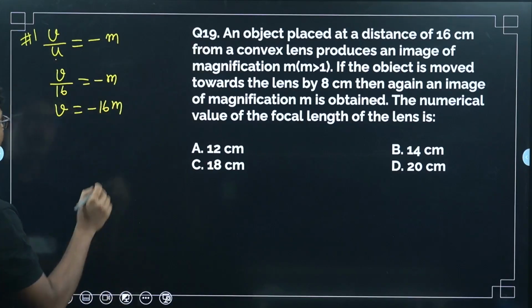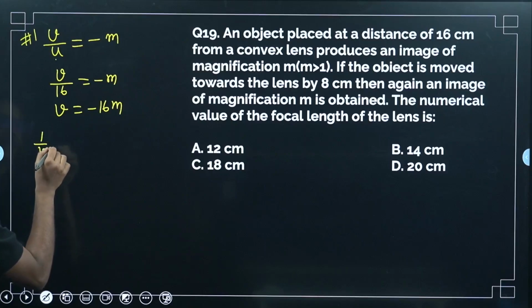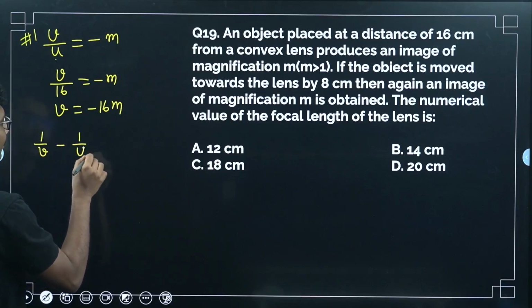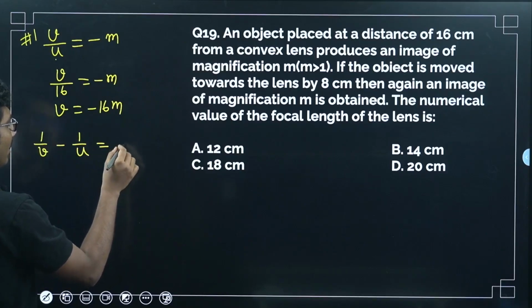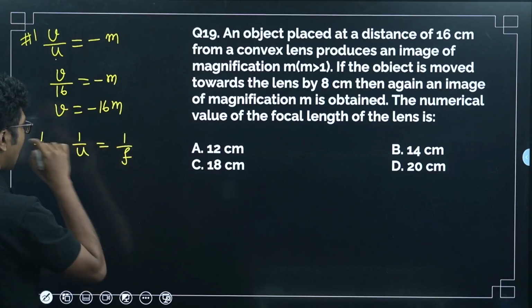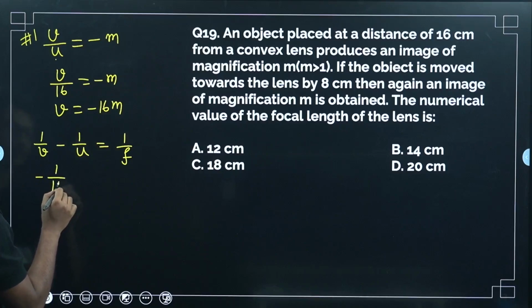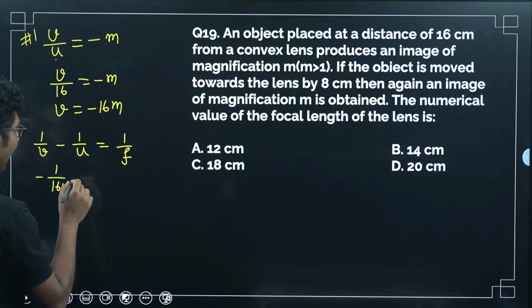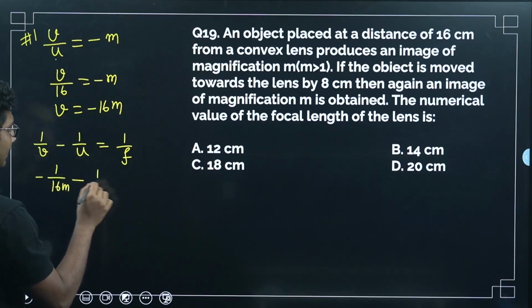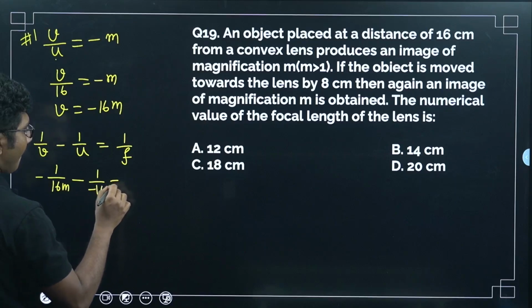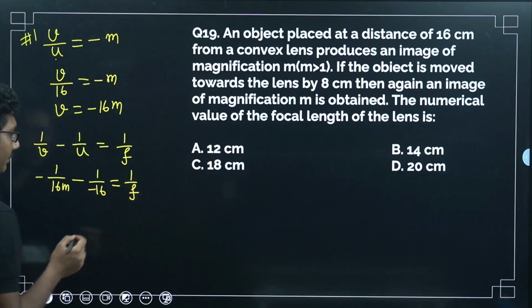From here we can write 1 by v minus 1 by u equals 1 by f, right? So v is minus 16m, and u is minus 16. So what is the value of f?